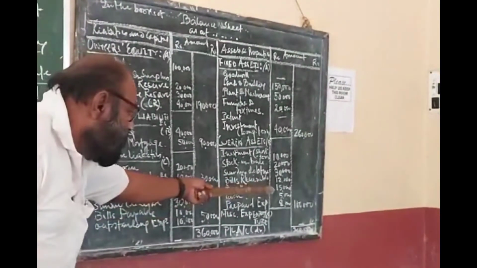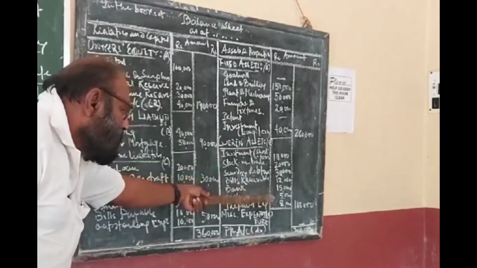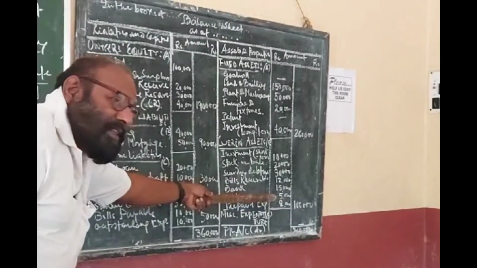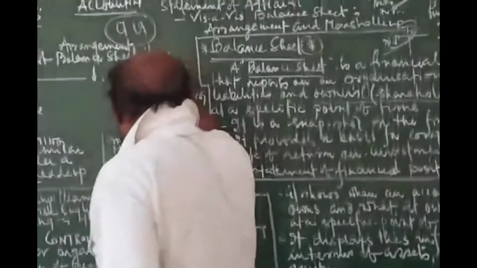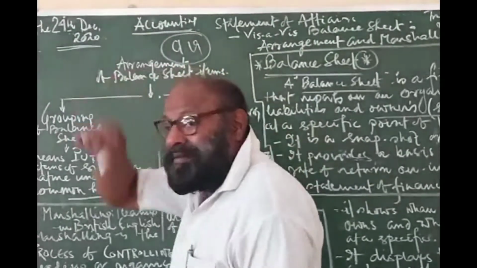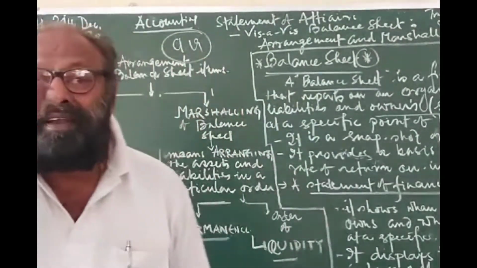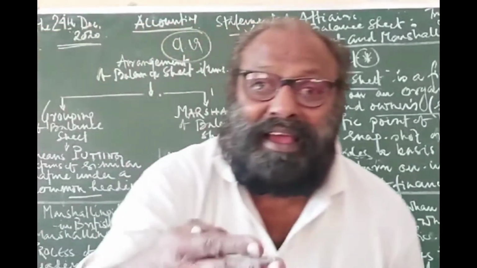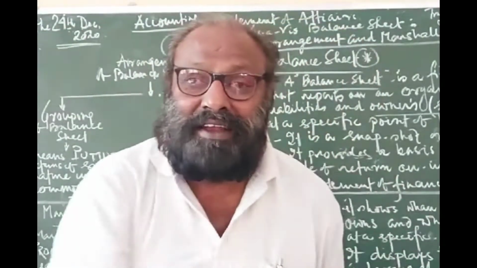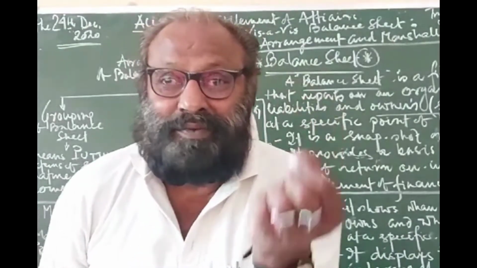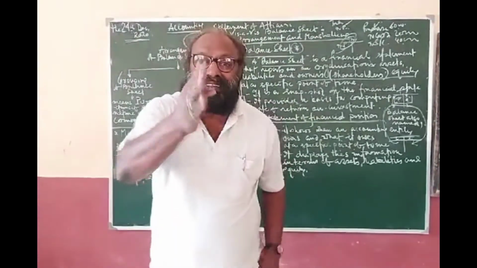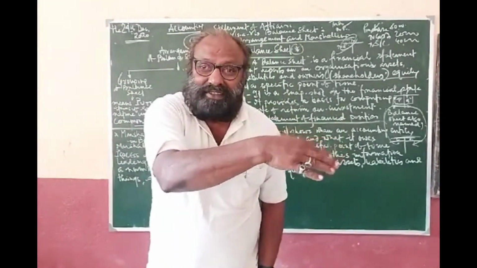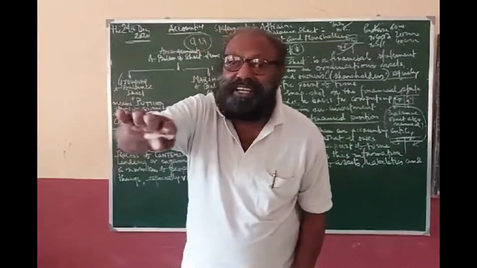Before 11 it is one figure, after 11 it is another. So the balance sheet, the asset and liability position, changes.